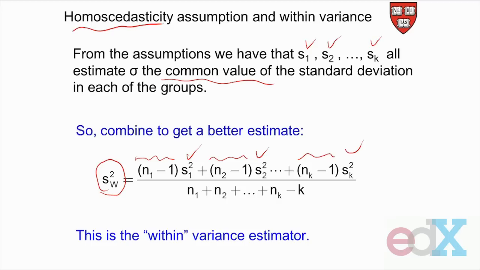So we'll just combine them all. This is what is called the within variance estimator. And for this to make sense, we just need that the homoscedasticity assumption is correct. Okay, so that's one estimator we can have of this common variance sigma squared.